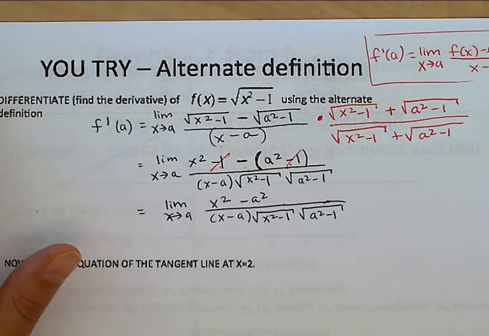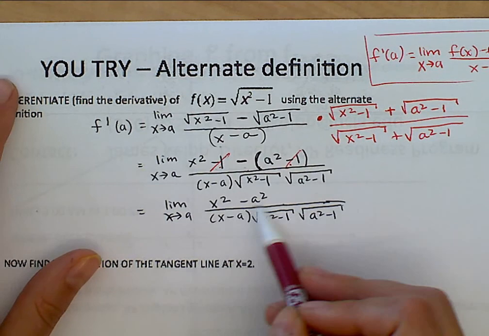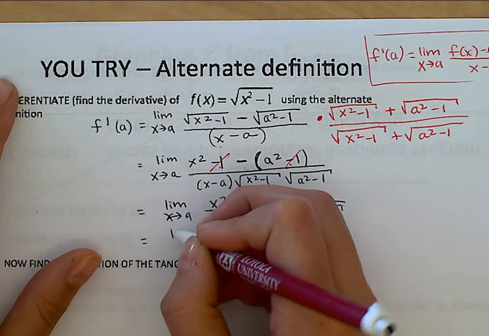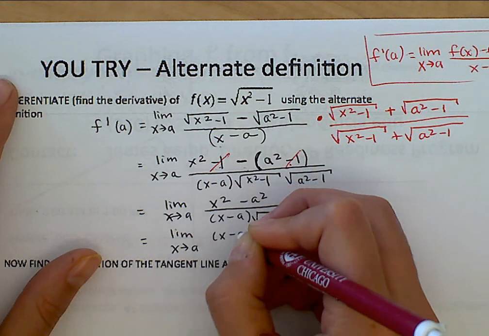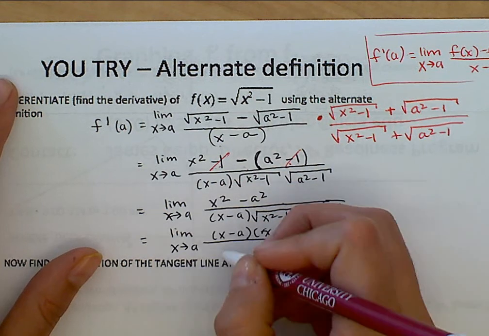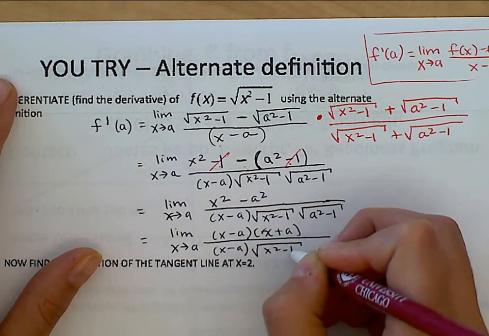And those of you who know your factoring know that this is a difference of squares that we can factor. So we can factor the numerator to be x minus a times x plus a. The denominator stays the same, in factored form.